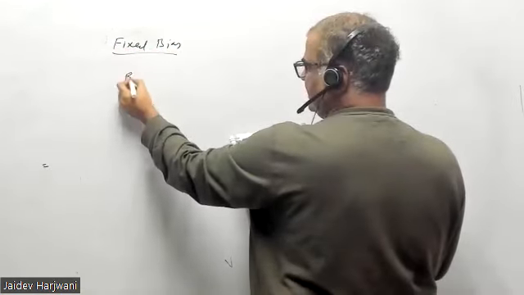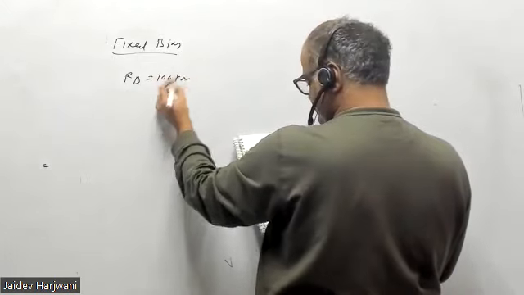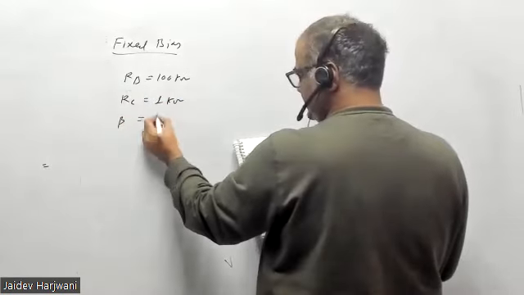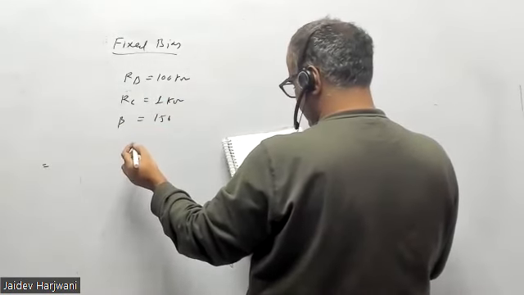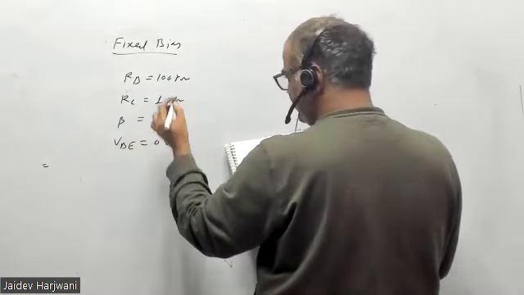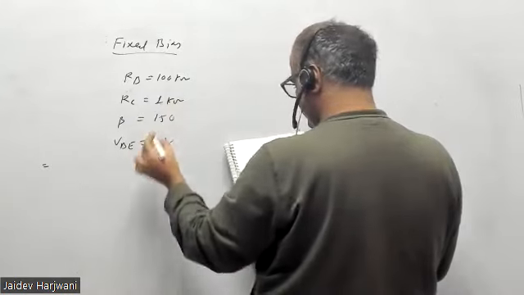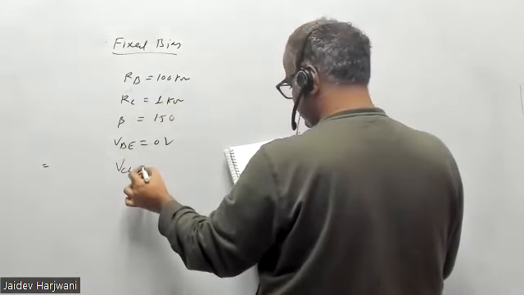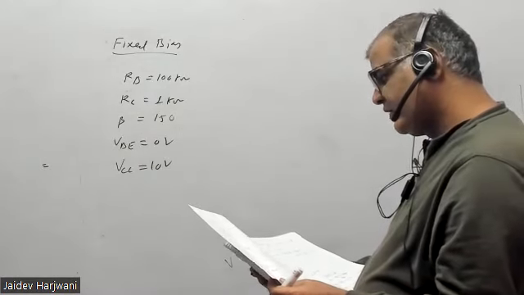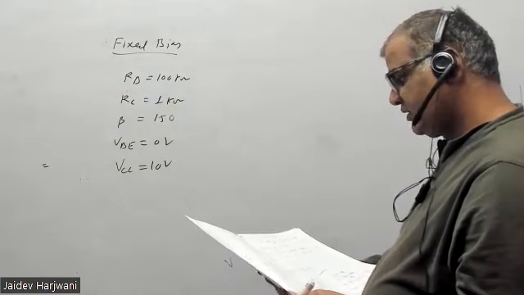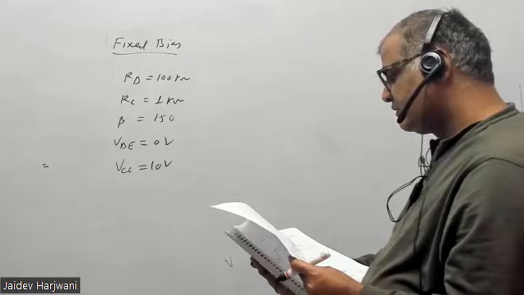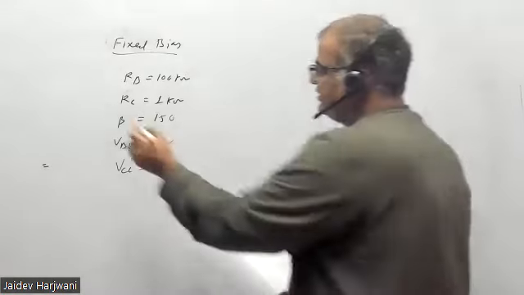I'm giving you RB equal to 100 kilo ohm, RC equal to 1 kilo ohm, beta is equal to 150, and VBE you can take 0 volt, and VCC is 10 volt in the first case. You have to find the operation region. This is question number 1.